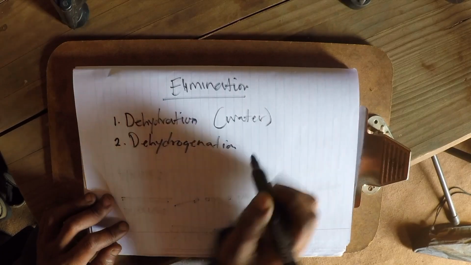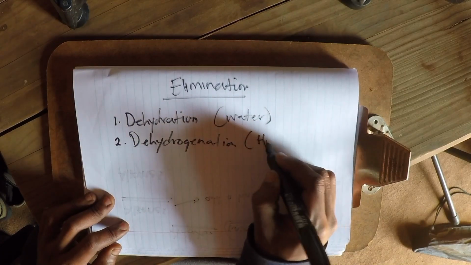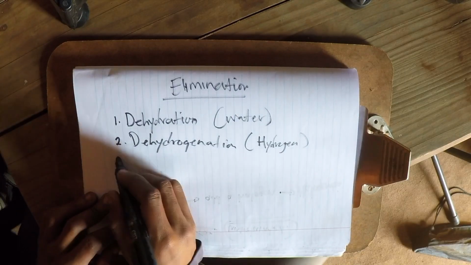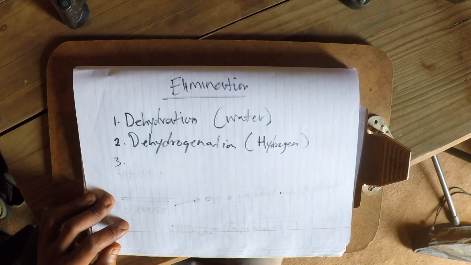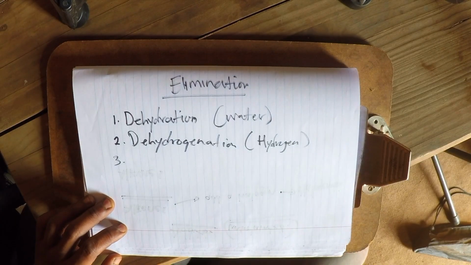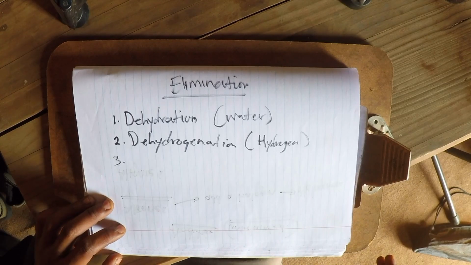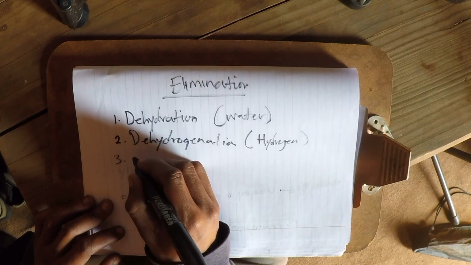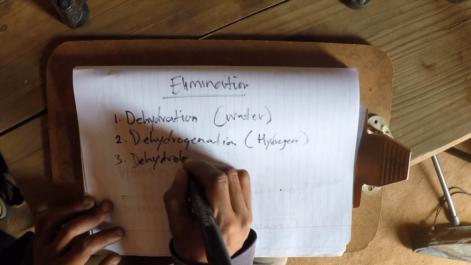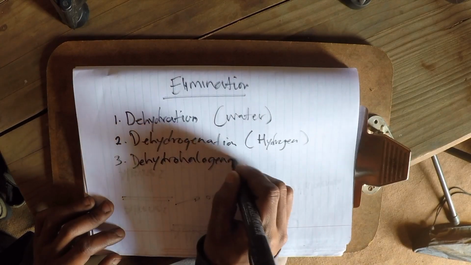Dehydrogenation is the elimination of hydrogen. The third one, you have the addition of a halogen and a hydrogen. So we have dehydrohalogenation.